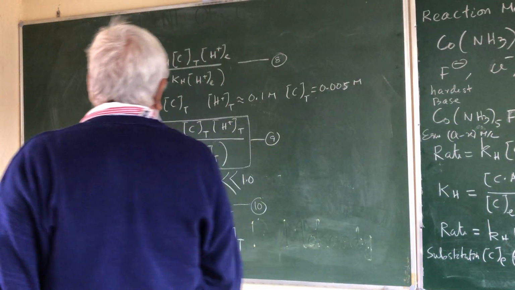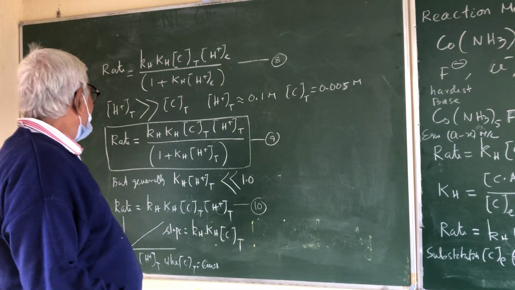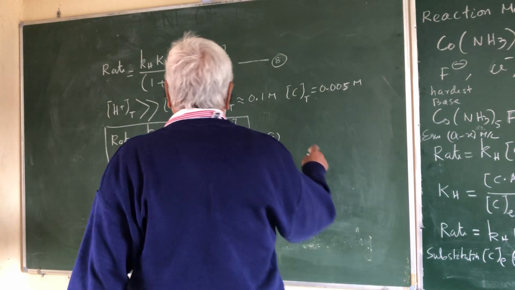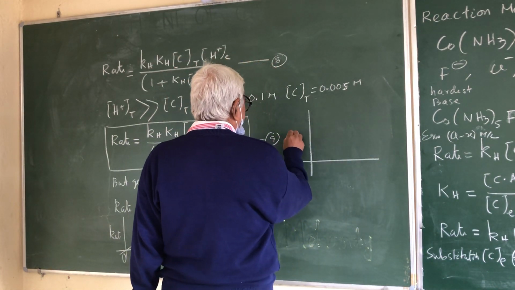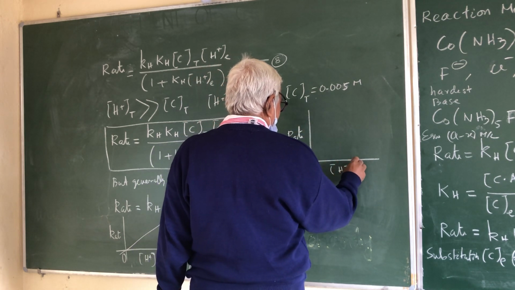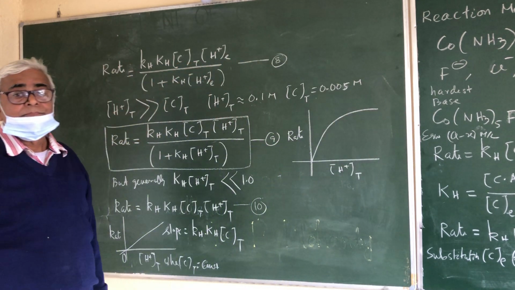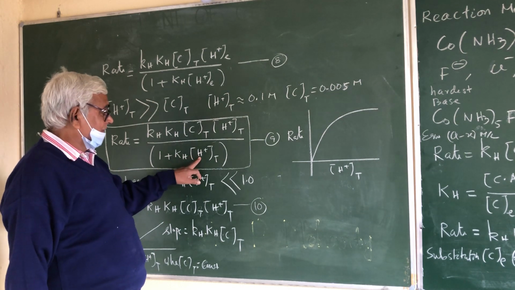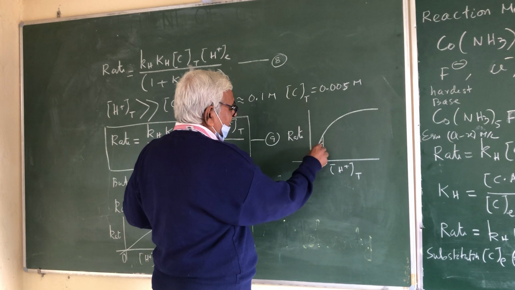Fractional dependency on H plus. Fractional order dependence, how will you know? You can know like this. You need to plot rate versus hydrogen ion total. If the nature of the plot is like this, then there is fractional order dependence. If hydrogen ion concentration is low, then this will show first order dependence.